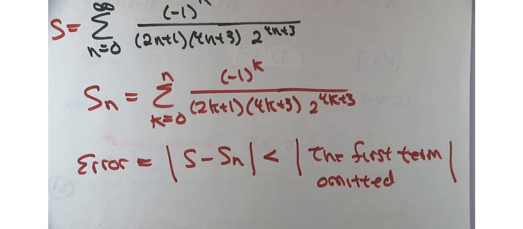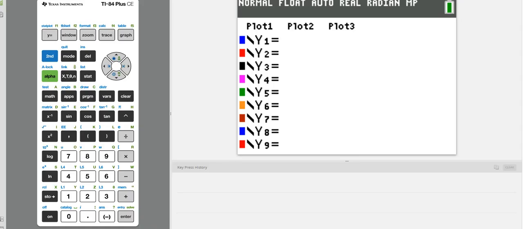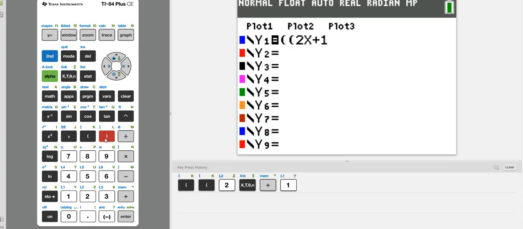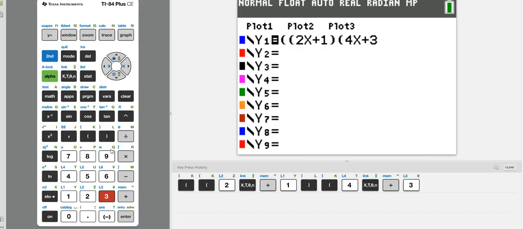There's a lot of ways you could write this. Let's see. I'm just going to put it all in one big parenthesis and then raise that to the negative first power. So parenthesis and then another parenthesis, 2x plus 1, right parenthesis, then left parenthesis, 4x plus 3, right parenthesis.